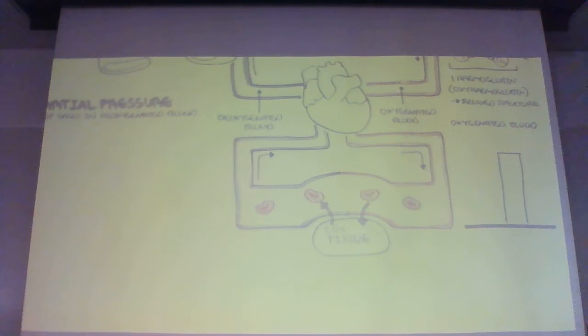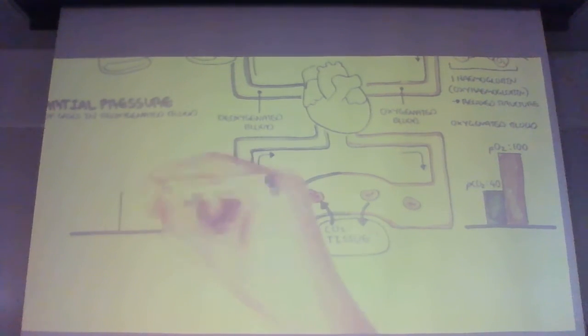But you can imagine that when blood is oxygenated or reoxygenated from the lungs, it would have a higher partial pressure of oxygen, so higher amounts of oxygen, 100. And carbon dioxide is low, 40. The oxygenated blood I'm talking about is found in your arteries, such as your aorta. Deoxygenated blood, on the other hand, is very different.